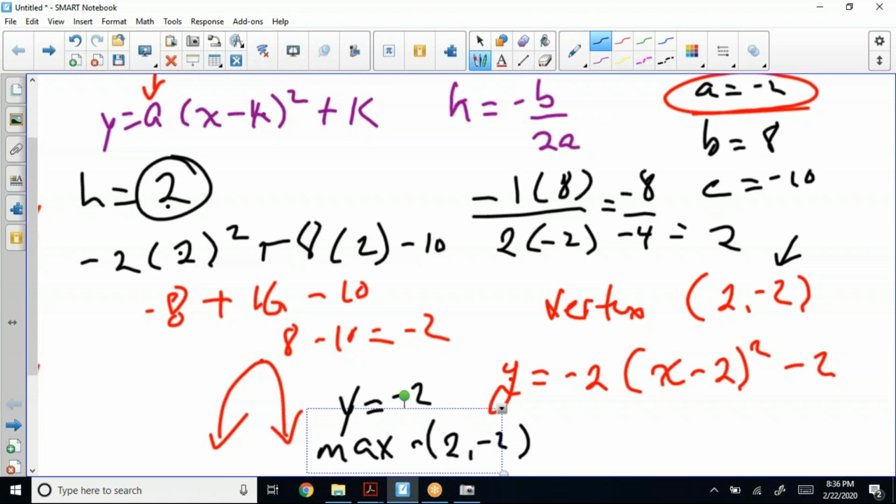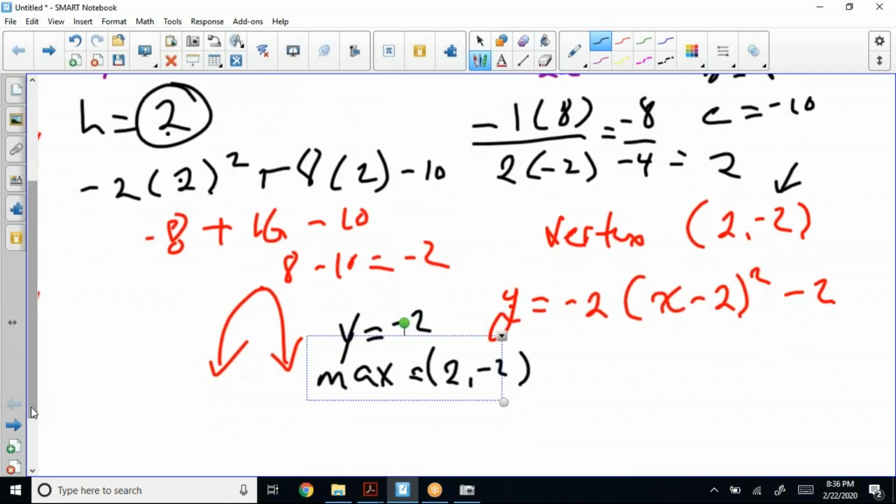Okay, so just know that that is an option. Either way would be correct. It's multiple choice, so you'll know what form it needs to be put in. It's no guessing.